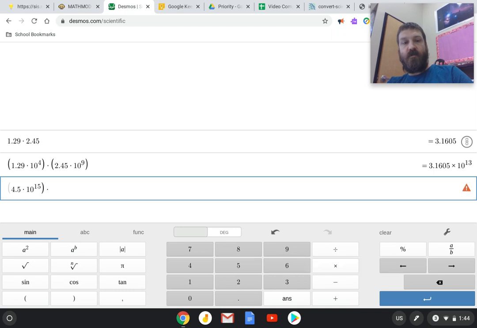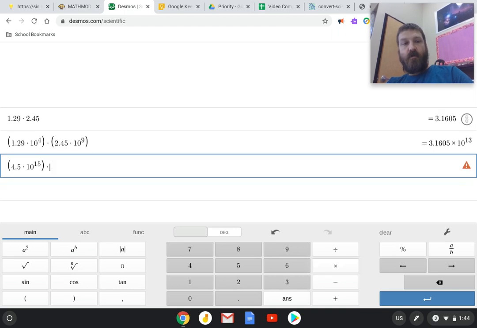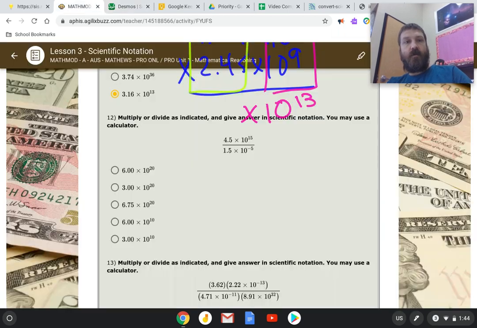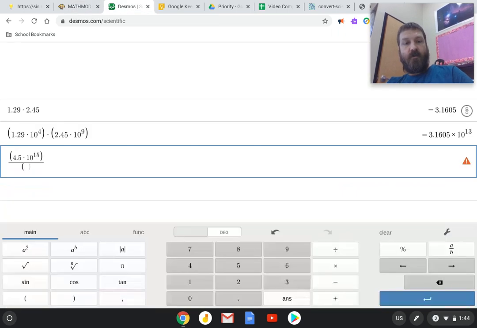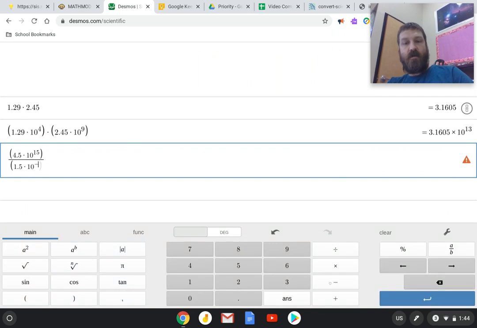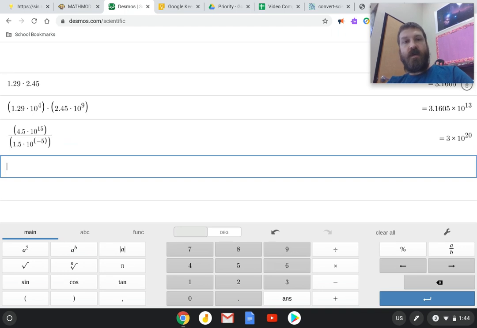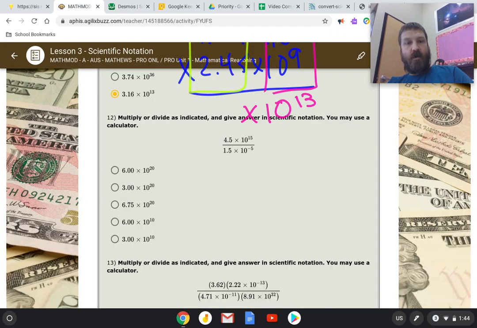Divided by, oh, see, it made a fraction for me, parentheses, 1.5 times 10 to the negative 5th. See what happens there. 3 times 10 to the 20th. So there we are right there, 3 times 10 to the 20th.